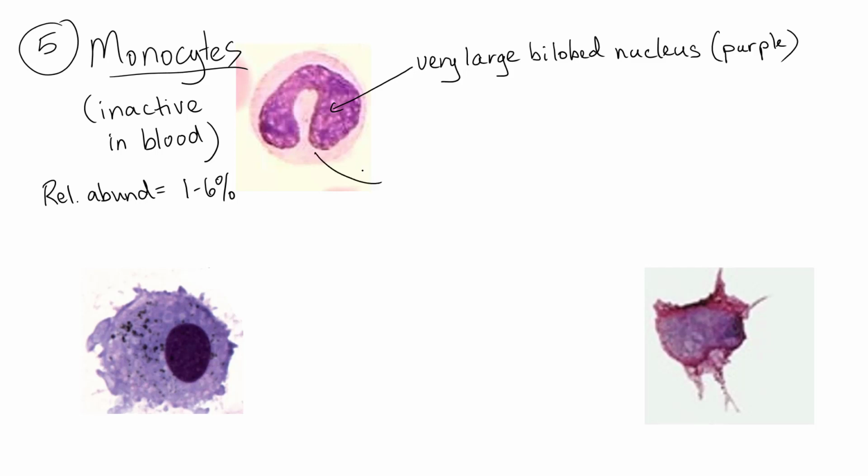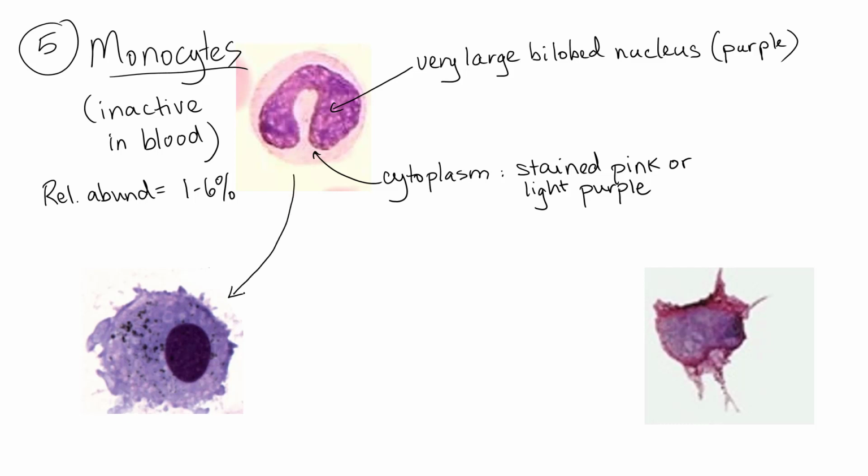And then the cytoplasm is usually stained either pink or sometimes a light purple. So what happens is if an infection or a pathogen is present, the monocyte will differentiate into a macrophage. So this is a macrophage down here.